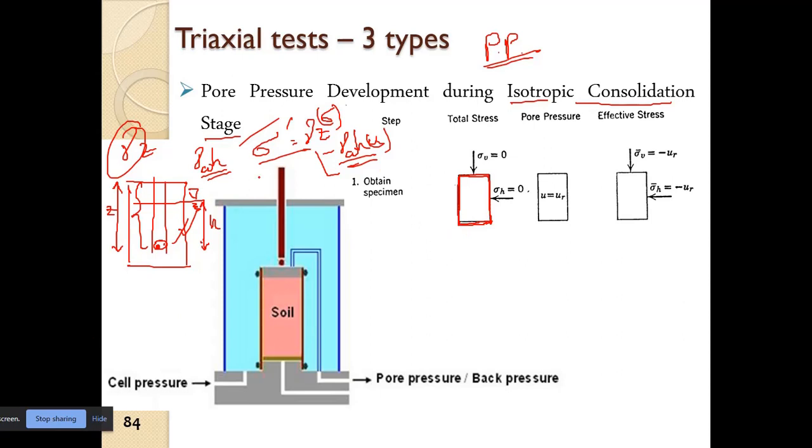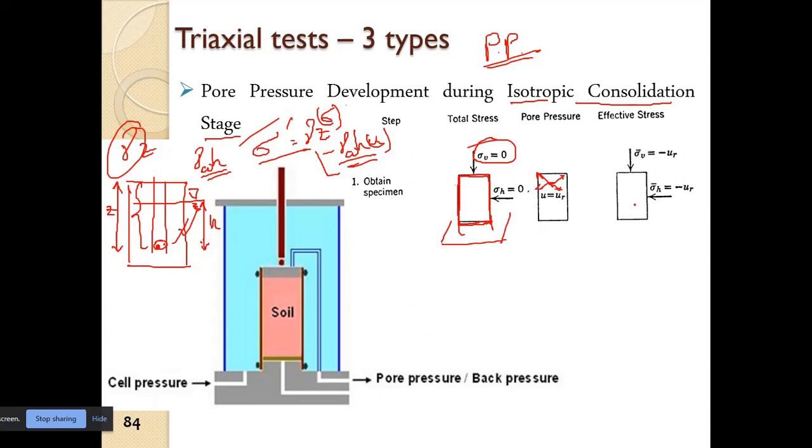When we took it out of the sampler and placed it on the pedestal, all total stresses on the sample are 0, but we still have a pore water pressure which is pushing out on all sides.